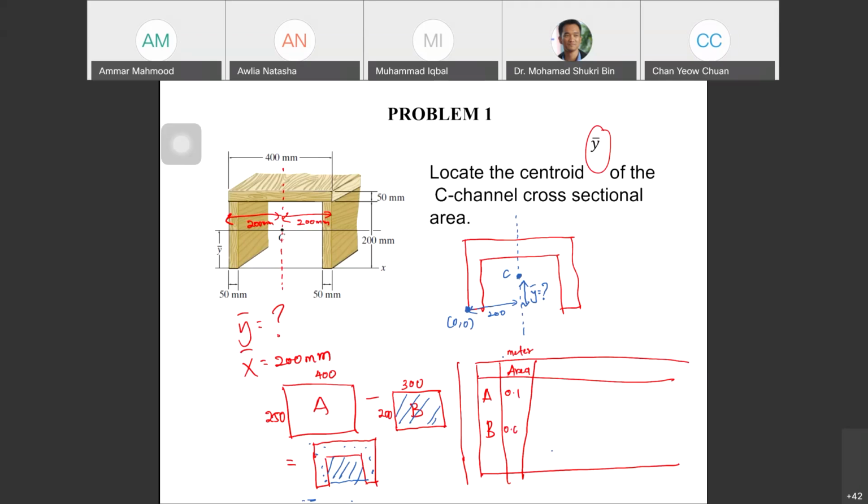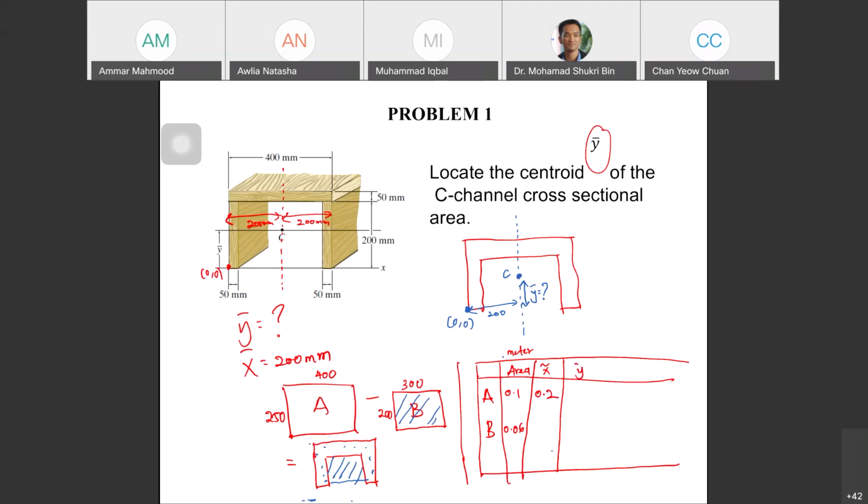And then this one is X bar. X bar for A. Let's say your origin is here, 0, 0. So the X bar is 0.2.